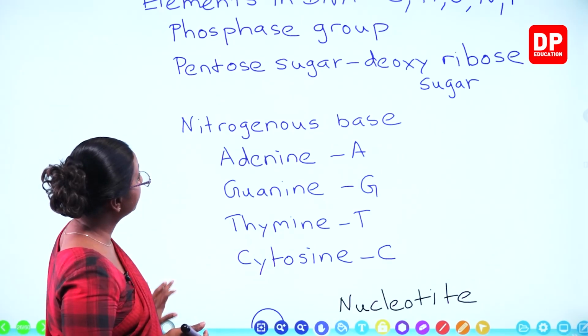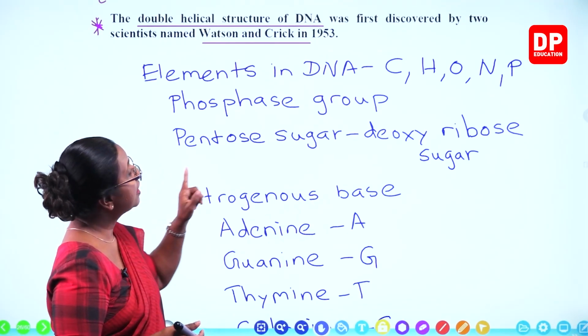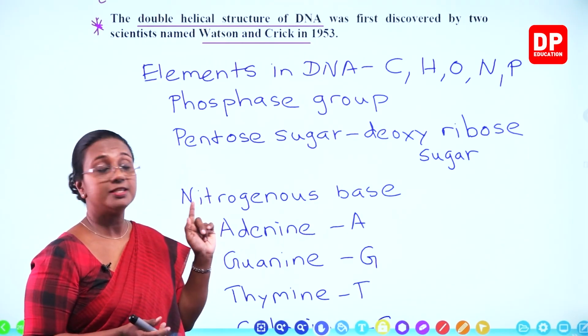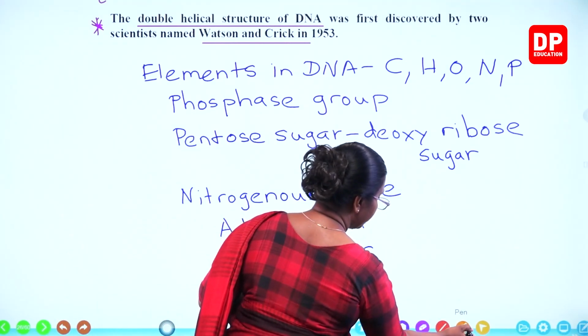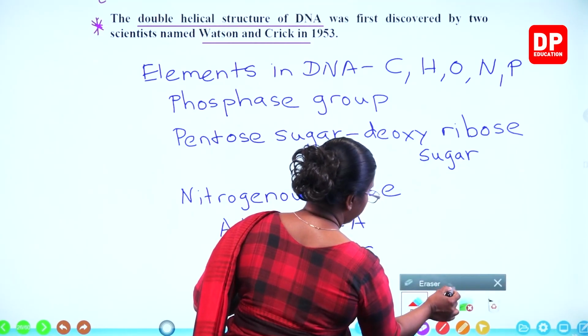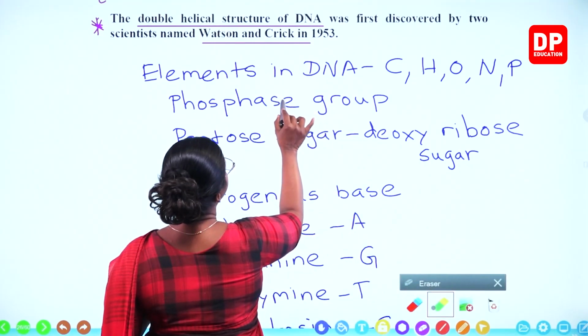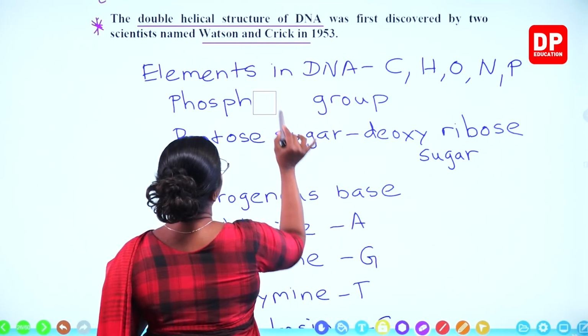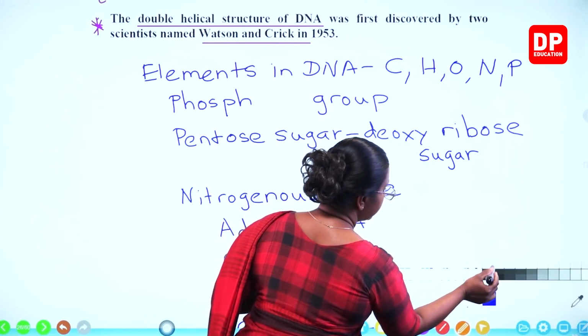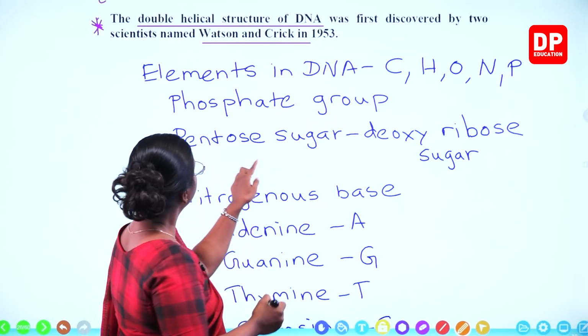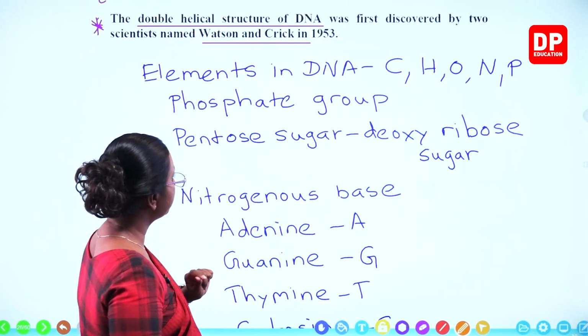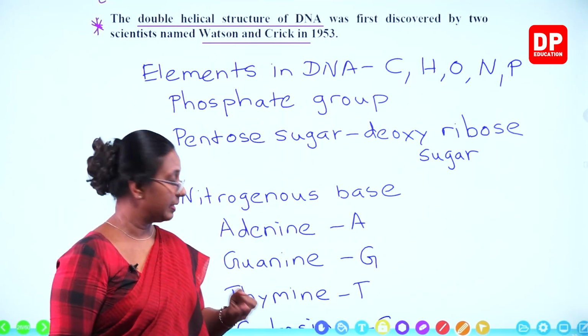Now DNA molecule elements are carbon, hydrogen, oxygen, nitrogen and phosphorus. And that combines to form the phosphate group. So here it is the phosphate group. Then pentose sugar, that is deoxyribose sugar, and nitrogenous base.